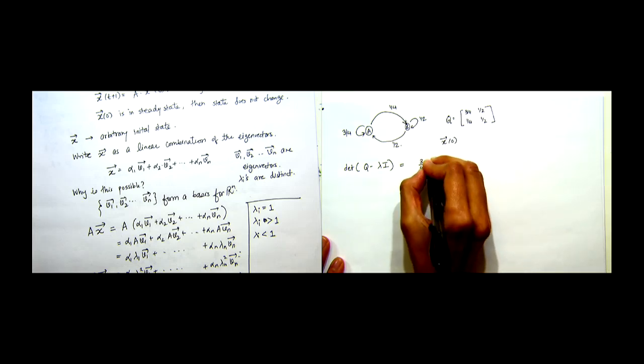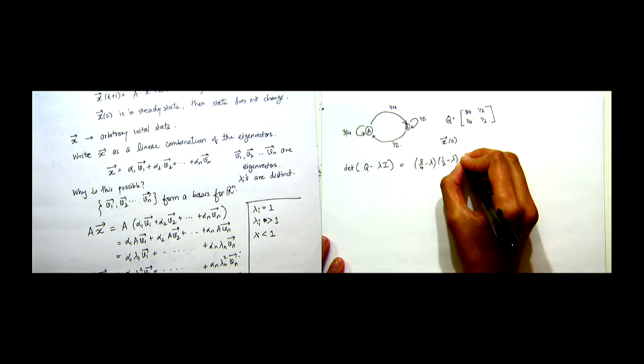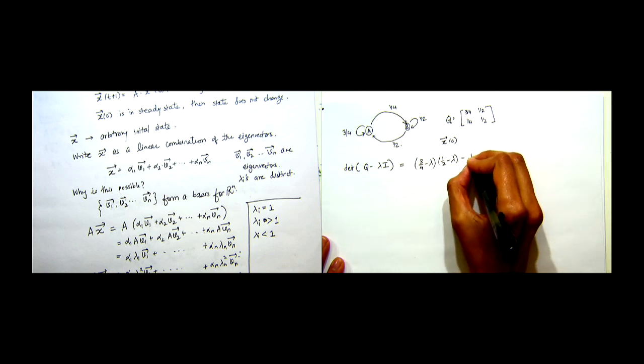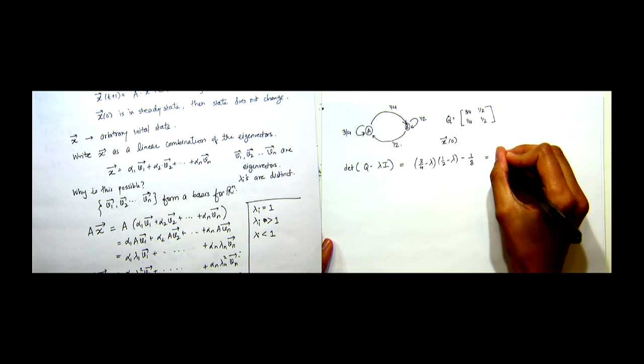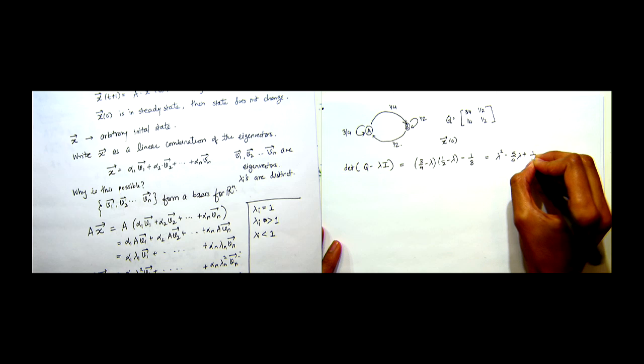So what is now the determinant of Q minus lambda I? It's 3/4 minus lambda times 1/2 minus lambda minus 1/8. The determinant is just AD minus BC, which is equal to lambda squared minus 5/4 lambda plus 1/4. Everyone get the same determinant?